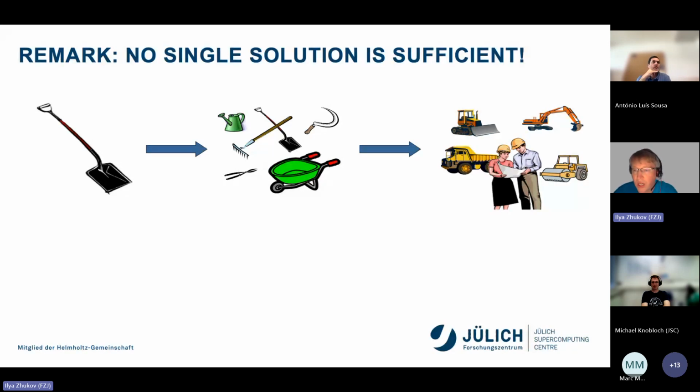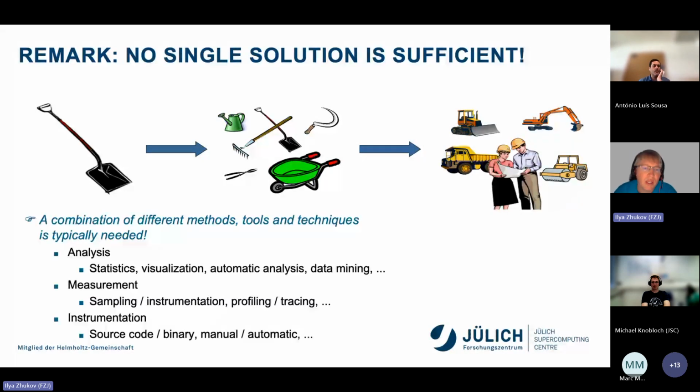A very similar analogy applies to the tooling and all these techniques which Mikhail and I described. You have to consider what you need. So it basically means a combination of different methods, tools, and techniques is needed. For example, for analysis, you can think about what kind of information you need. Is it statistics? Is it visualization? Do you need automatic analysis or data mining? The same goes for measurement.